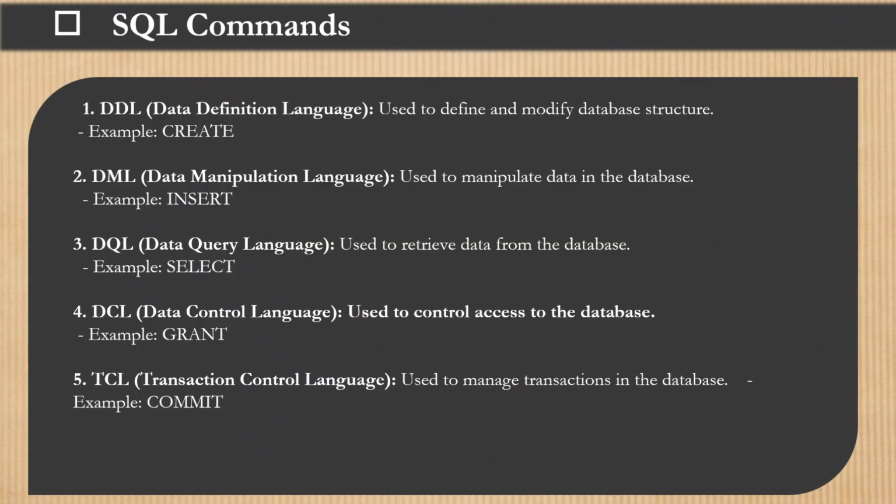DDL means data definition language, which is used to modify database structure. Examples include create. While DML means data manipulation language, which is used to manipulate data in a database. Then DQL is data query language used to retrieve data from the database, like select. Then data control language, DCL, is used to control access to the database.